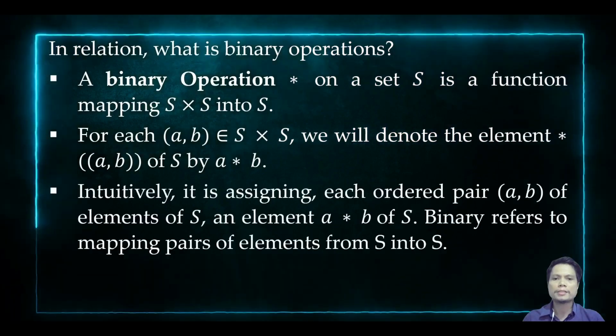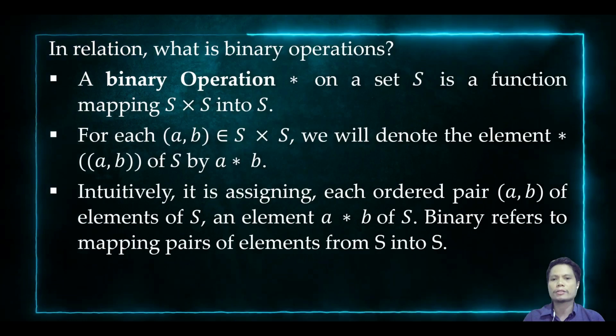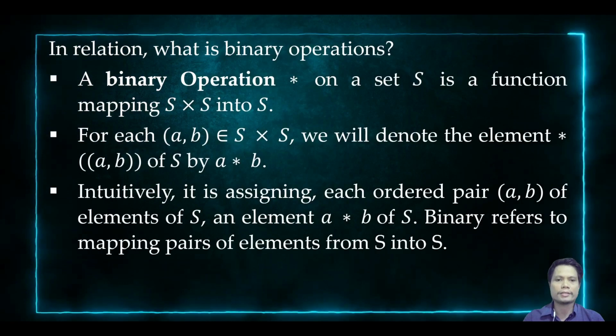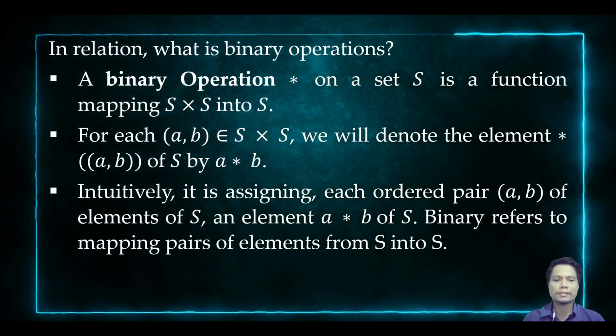Intuitively, it is assigning each ordered pair (a, b) of elements of S an element a * b of S. Binary operation refers to mapping pairs of elements from S into S.